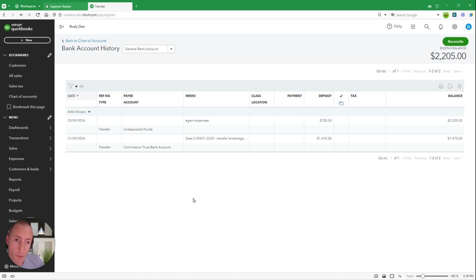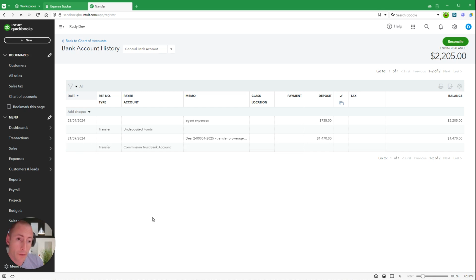Some processors will deposit that full amount, $735, and then later the same day or the next day, you'll see a separate charge from your general account for the amount of the fees, $15 or $20. That scenario is very easy to account for. All you need is your bank statement. You create the transfer from undeposited funds to general, and then you would create an expense for payment processing fees.